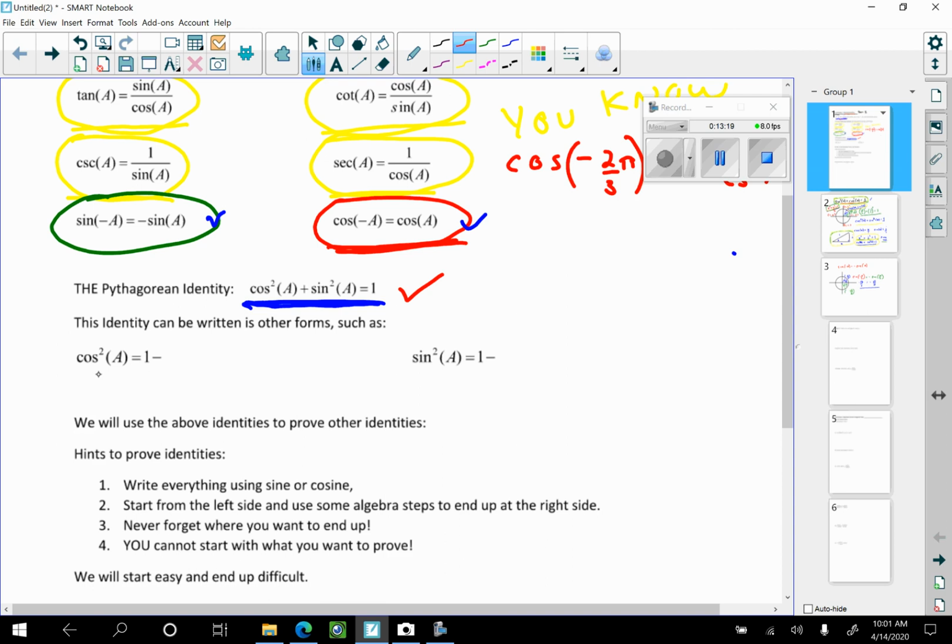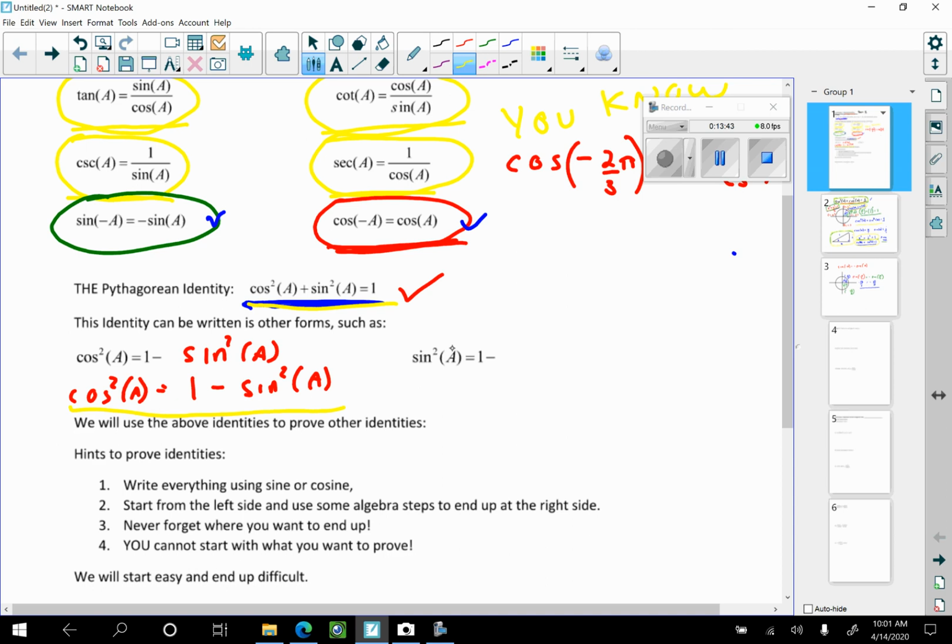Well, look, if I want to just solve for cosine of A, what do I do? I just subtract sine squared of A from both sides. So cosine squared, and we're going to see this often, is equal to 1 minus sine squared. We're going to use that identity. This is also a form of the Pythagorean identity.